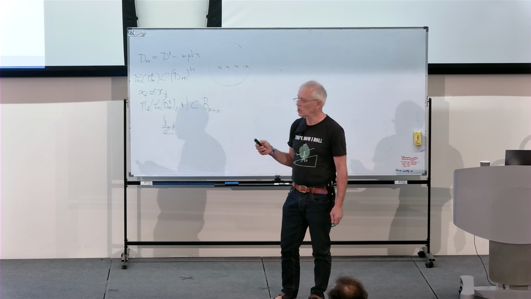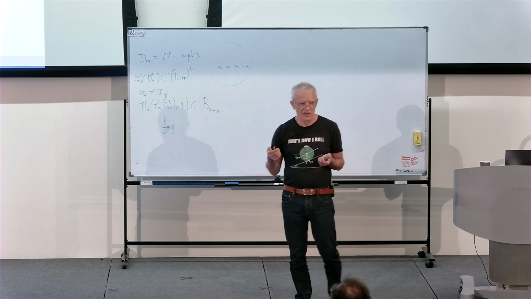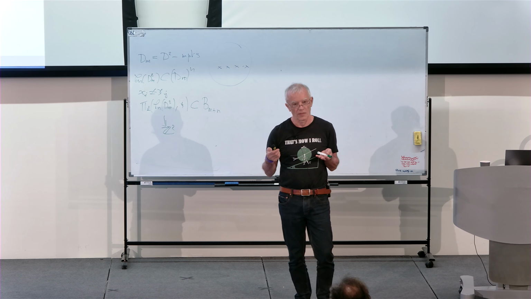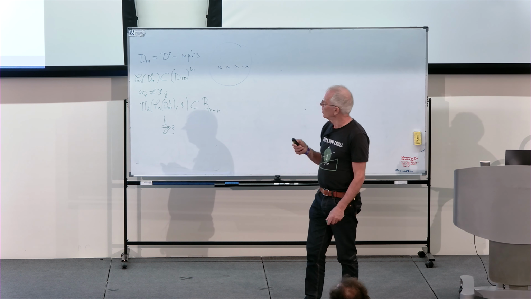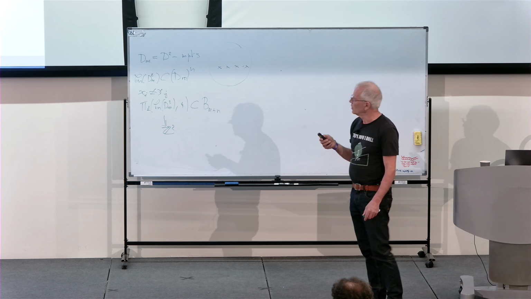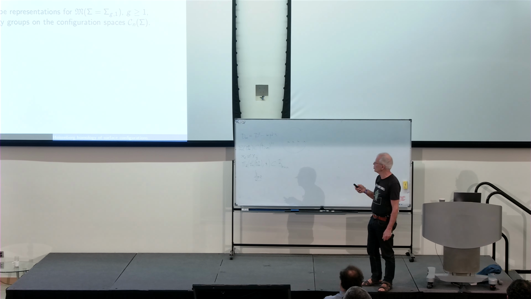And the purpose is to try to extend the method in order to get a representation of the higher genus mapping class groups. And this is our goal, to get the same type of representation for the mapping class group in higher genus.